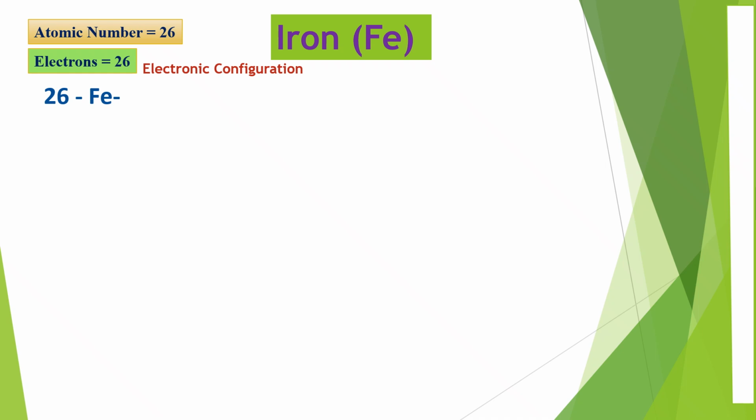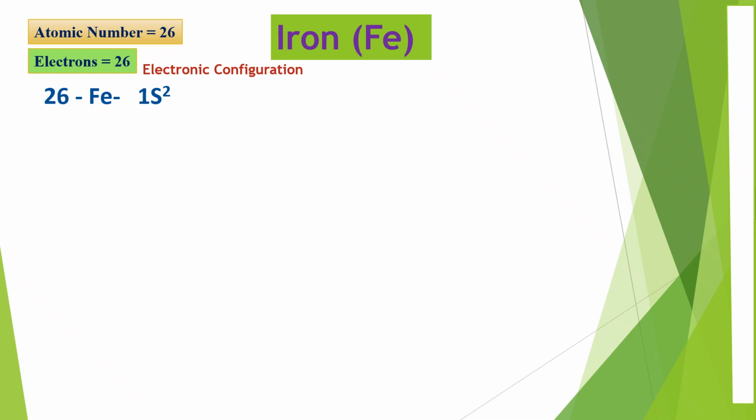Electronic configuration means distribution of electrons in various orbitals by increasing their energy levels. So here the lowest energy level is 1s. I already explained how to write the electronic configuration in previous videos.